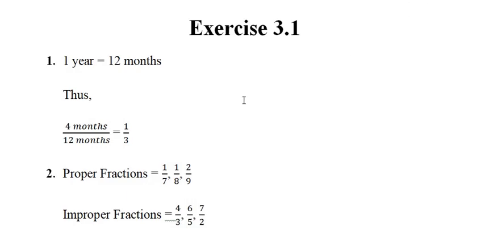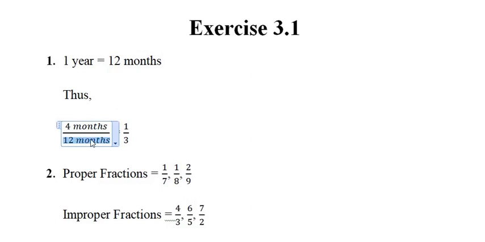The first question: what fraction of the year is 4 months? Now 1 year is equal to 12 months, we know this. So 4 months should be on top as the numerator, and 12 months, that is 1 year, will be at the bottom because 1 year is the whole.